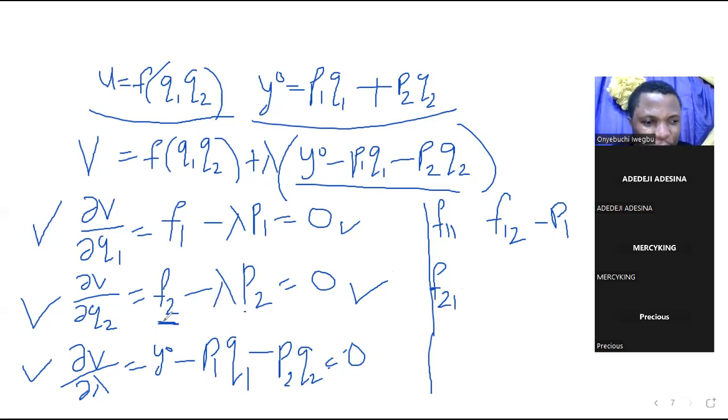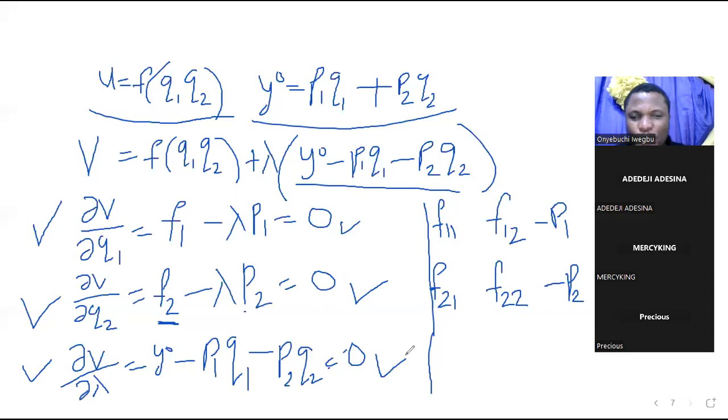Then I differentiate this function again with respect to Q2. The function already is F2, but I differentiate it again with respect to Q2. That's F22. Then I differentiate this function with respect to lambda. There is minus lambda here, so that will be minus P2.